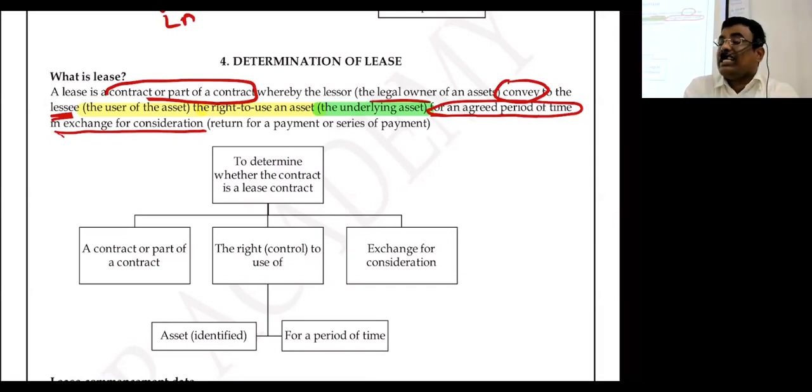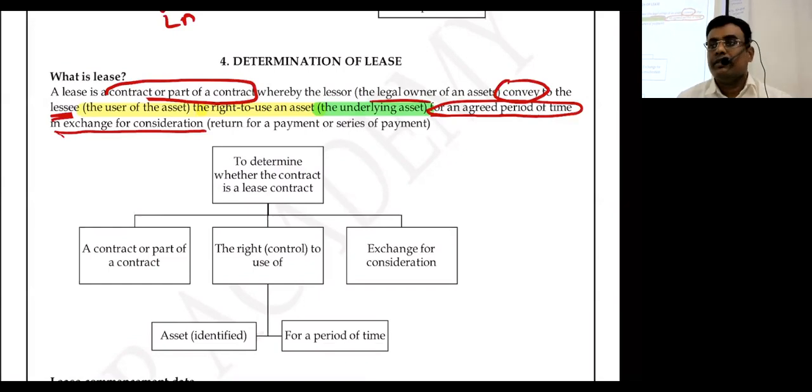The right to use an asset, not ownership. I'm just giving a right to use an asset for a specified period of time, in exchange for consideration.